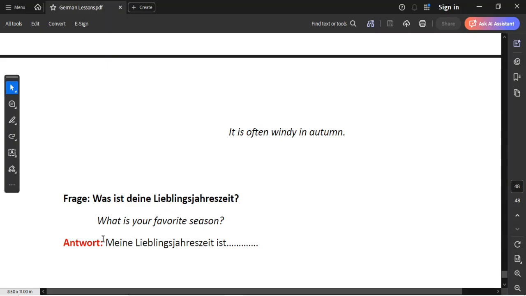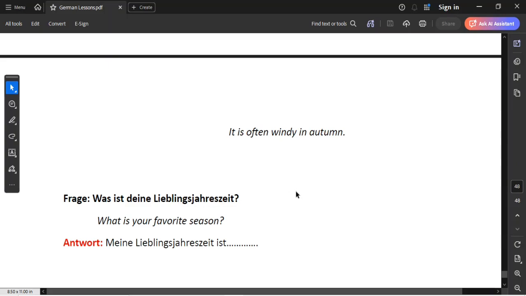So the Antwort, you are going to start like this: Meine Lieblingsjahreszeit ist. If it is Sommer, you can write Sommer. If it is Autumn, just write Autumn. If it is Winter, you can just write that. Was ist deine Lieblingsjahreszeit? What is your favorite season?